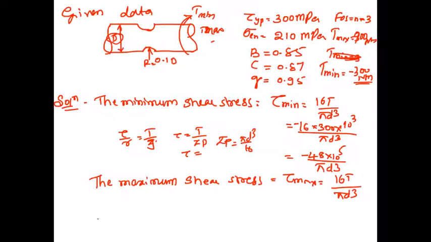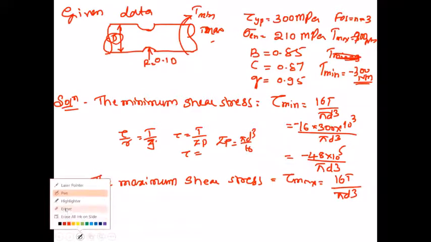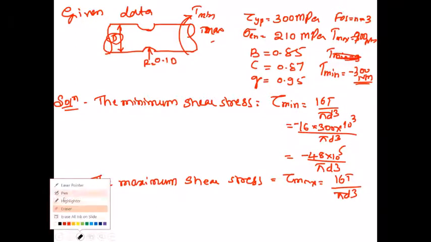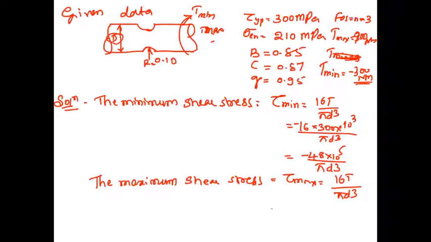We will get the same value, no problem. If you substitute 16 into T as 900, so 900 into 10 to the power of 3 divided by pi d cube.